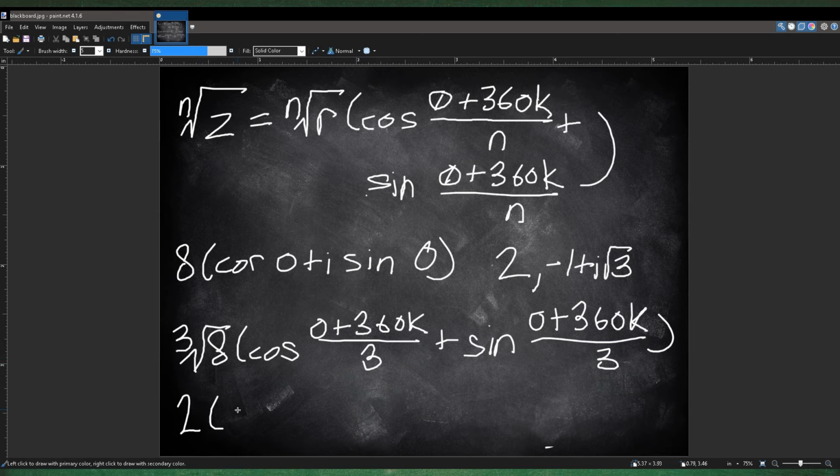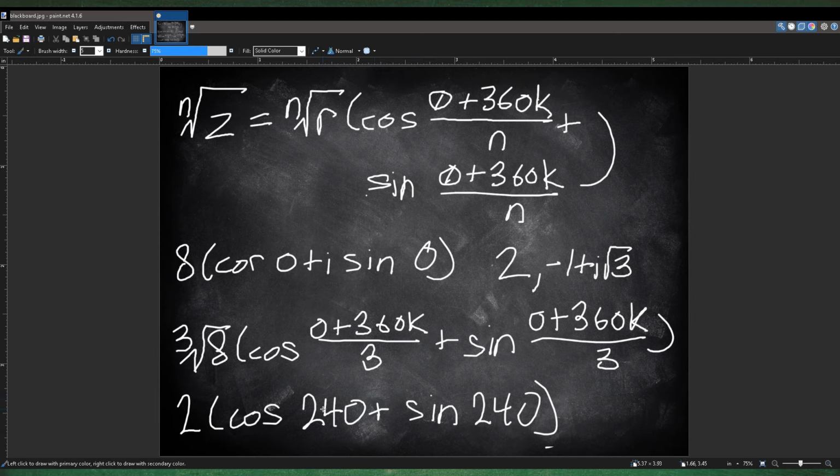So that would be 2 cosine of, so 360 times 2 is 720. 720 divided by 3 is 240. So you have cosine of 240 plus i sine of 240.